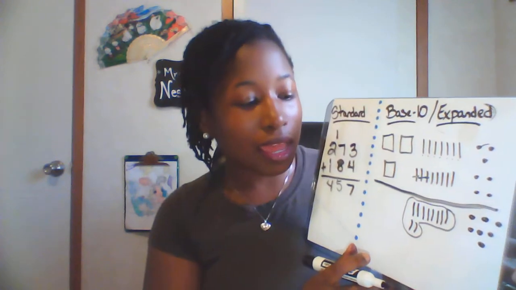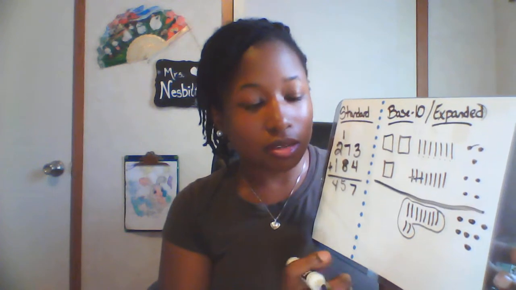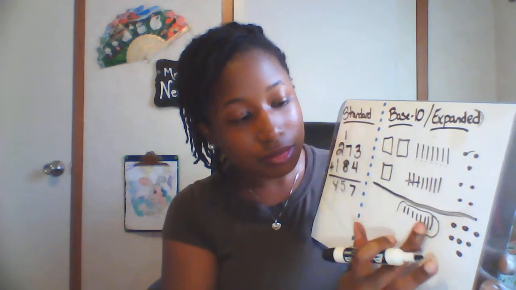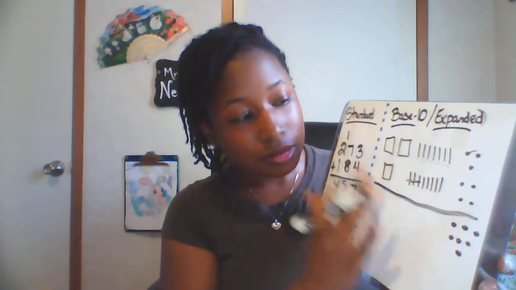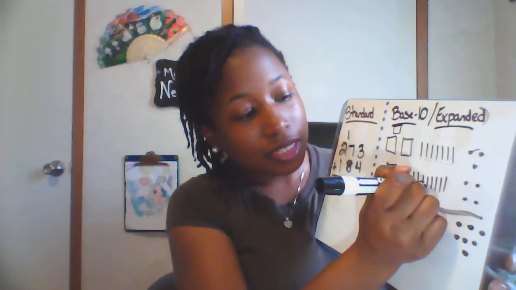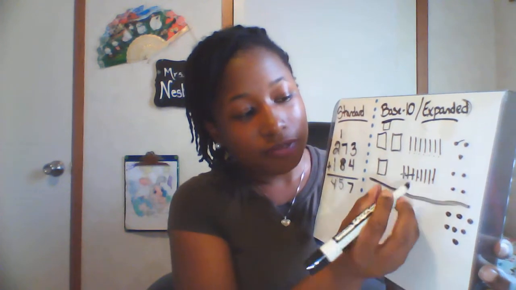You can't have a group of 10 in one column. So I'm going to have to move all of these and put them up here. And then I can go back and finish putting what's left down.